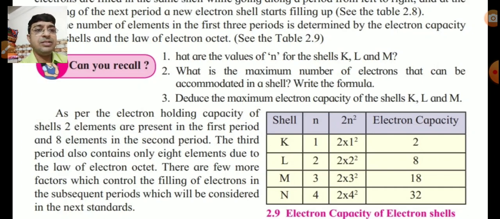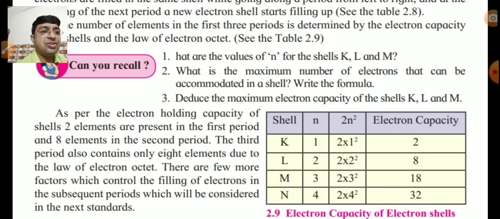Second question. What is the maximum number of electrons that can be accommodated in a shell? Write the formula. The formula is given in the third column, 2n square, and we find out the maximum capacity. Now deduce the maximum electron capacity of the shells K, L and M, given in the last column.